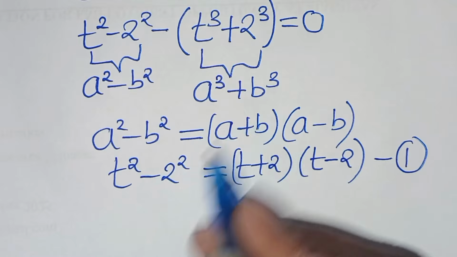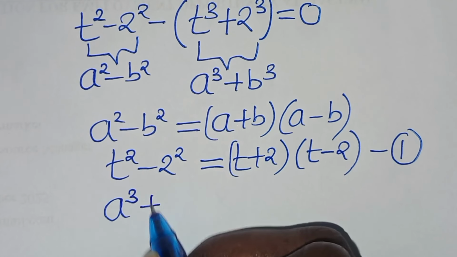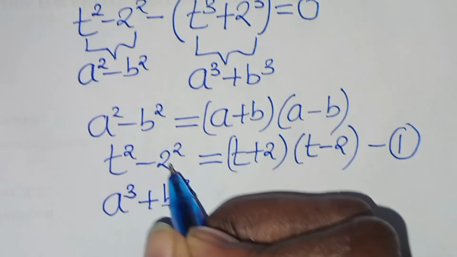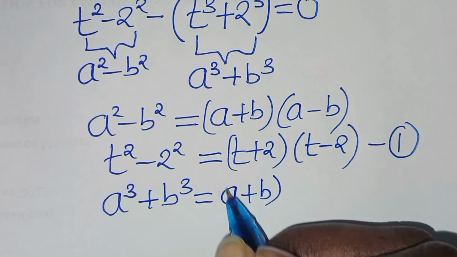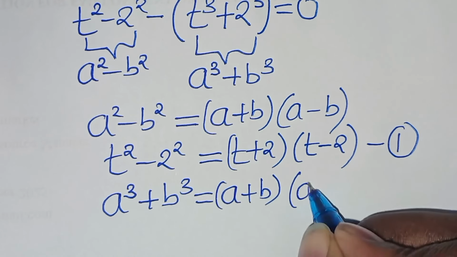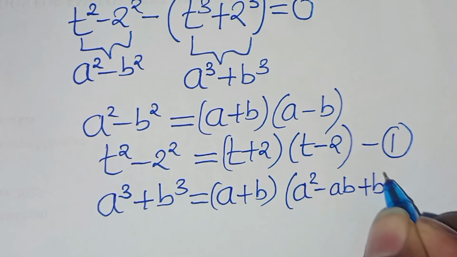And then the second part is actually the sum of two cubes expressed as a to the power of 3 plus b to the power of 3, which we can express as a plus b, then a squared minus ab, then plus b squared.